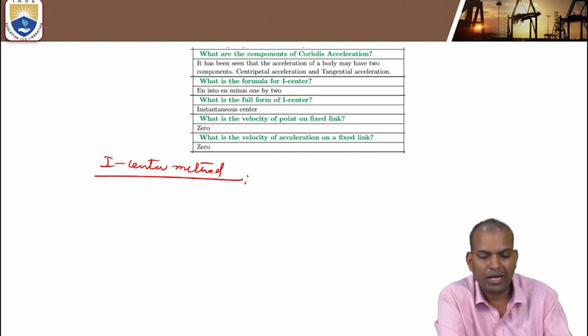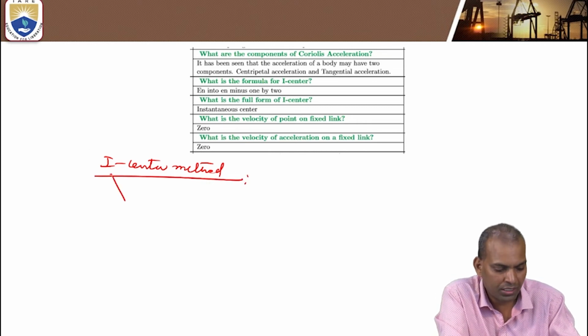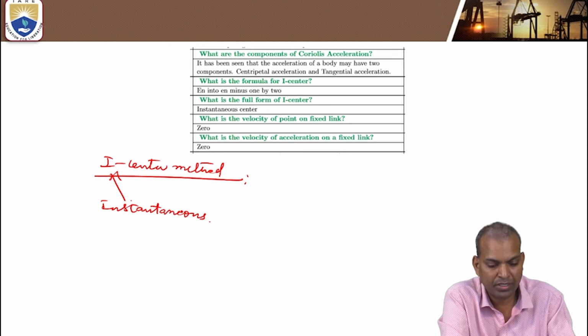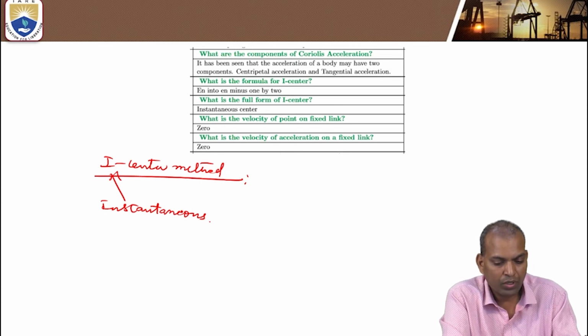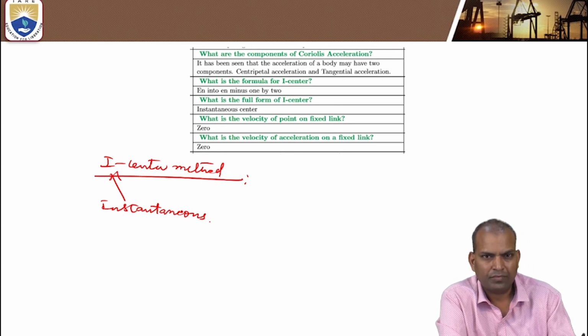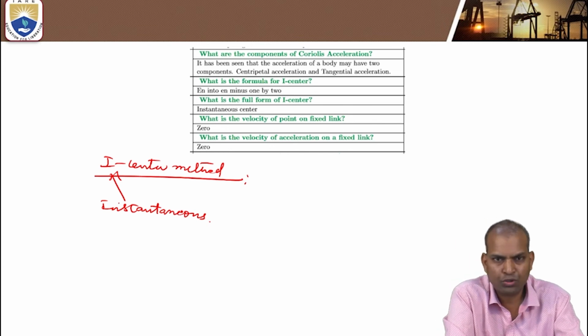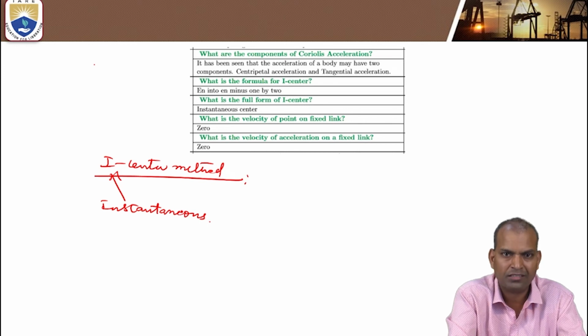What is the meaning of I? This I stands for instantaneous center. This is the instantaneous center method. What is I-center? I-center means the center about which a link rotates relative to another fixed link. That center is known as the I-center.